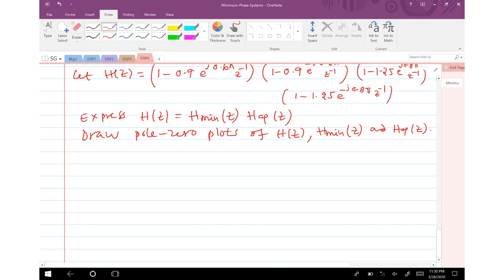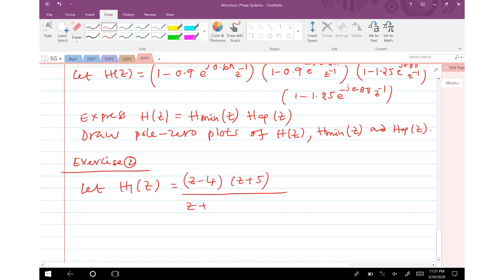One more interesting question. Let H1(z) be equal to (z - 4)(z + 5) divided by (z + 0.5)(z - 0.3), with ROC |z| > 0.5.